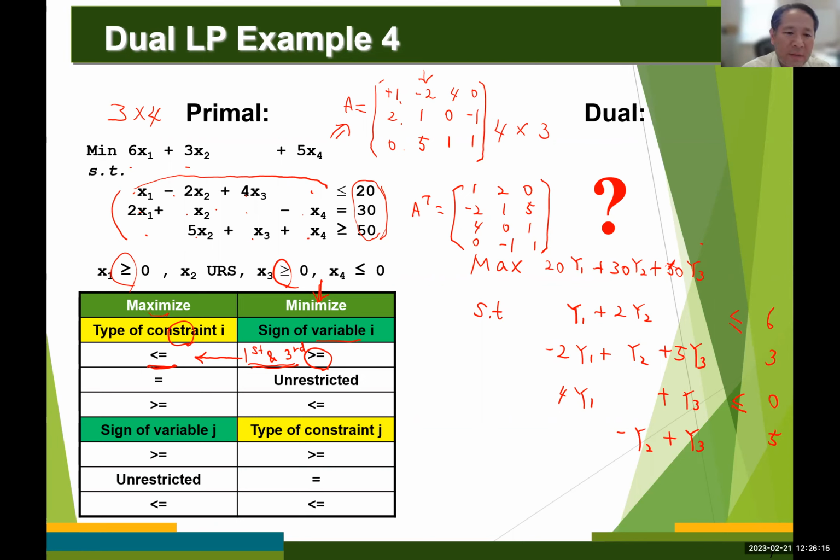And in the minimization problem, the second variable has no sign restriction. This implies that in the maximization problem, the second constraint must be an equation. So it has to be an equation here, okay?